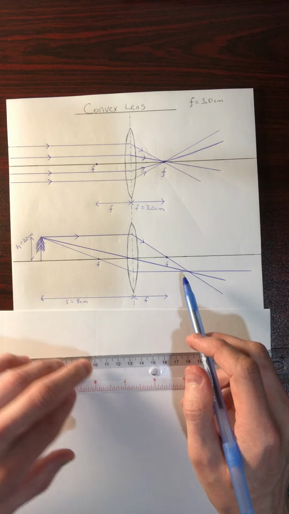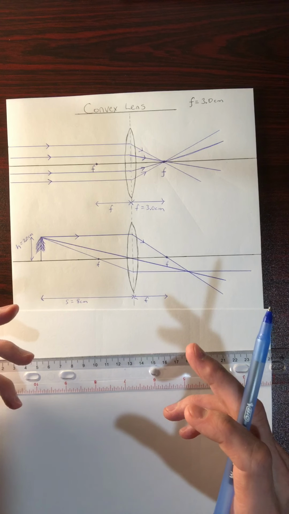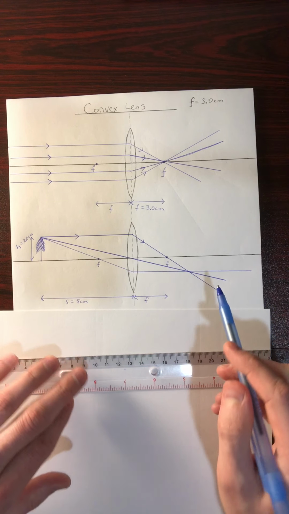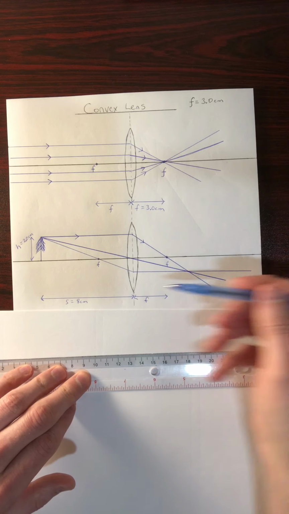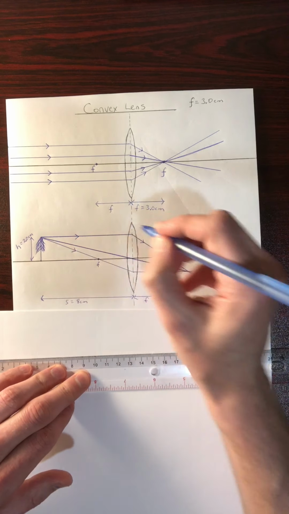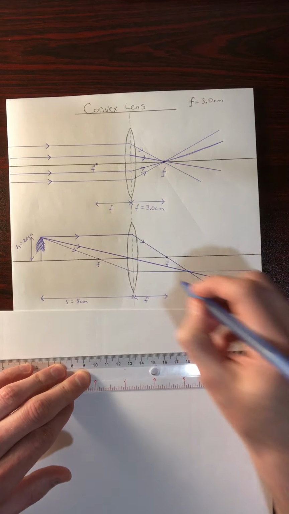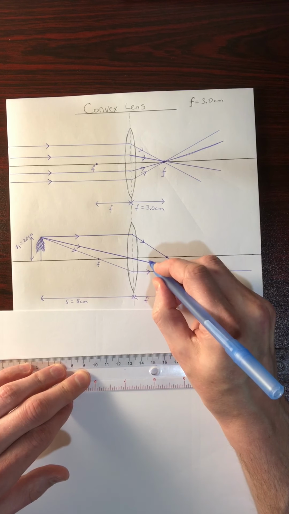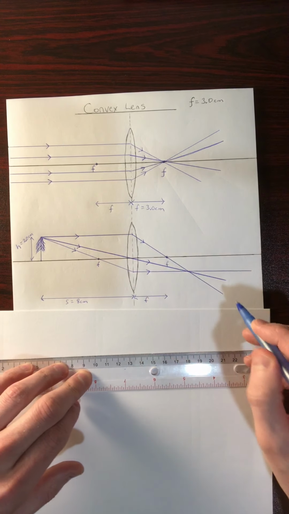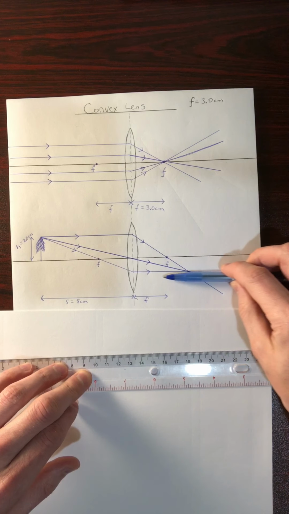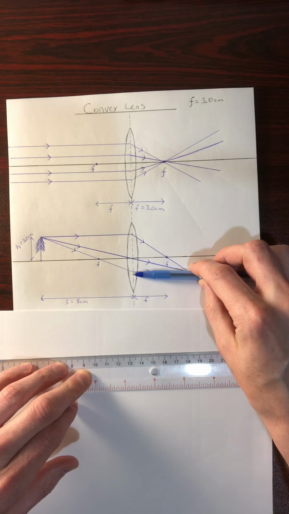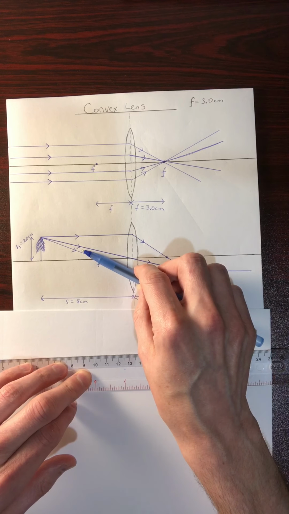Because we've got this reversibility of rays principle, and that means that we could send these rays in the other direction, and they should follow these paths as well. Just going to put arrows on all these. So if we were to send this ray back through the lens, of course it's going to pass through the focal point.